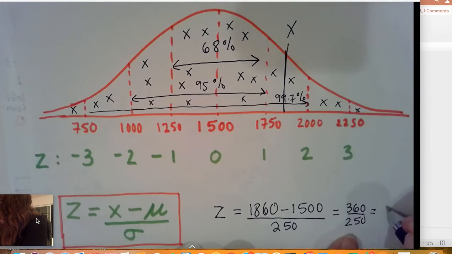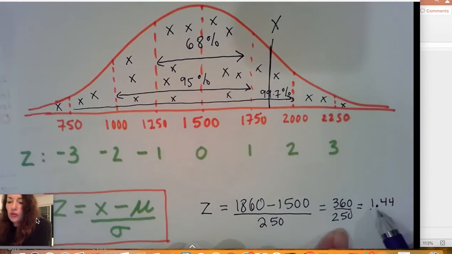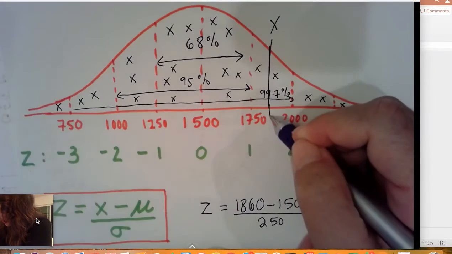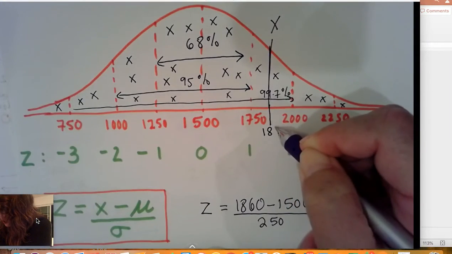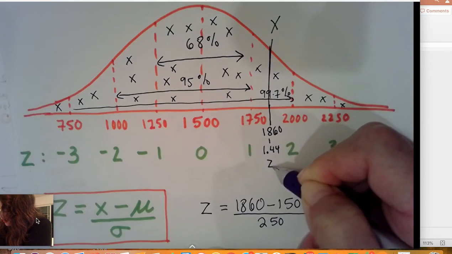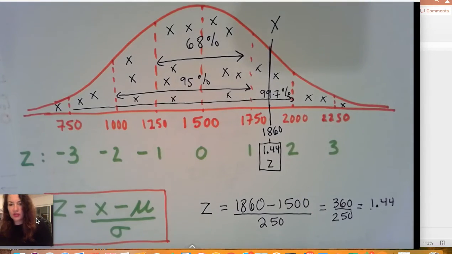And so that gives us a z-score of about 1.44. So the z-score that corresponds to 1860, which is, by the way, right here, this is 1860, corresponds to a z-score of 1.44. So the z-score is 1.44, and that's pretty much it.